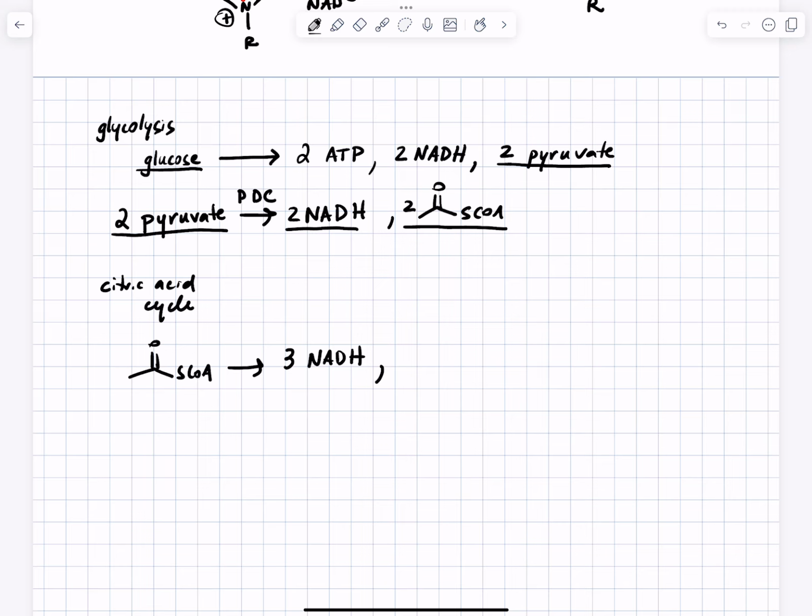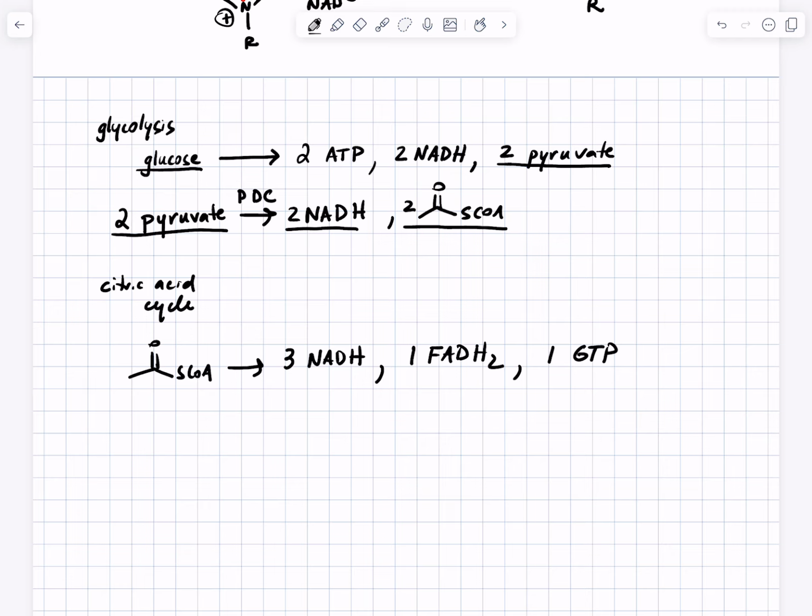How many FADHs? Just 1. That's involved in just one step, the oxidation of succinate to fumarate. And then we also get 1 GTP, which we're going to consider basically equivalent to ATP. All right?